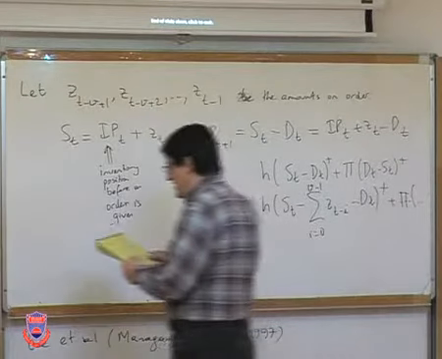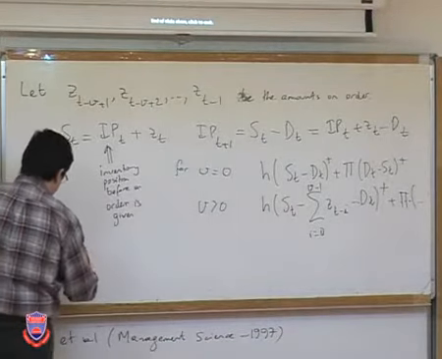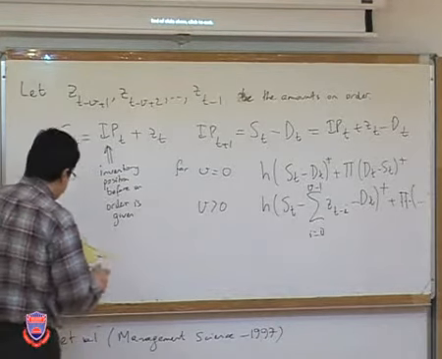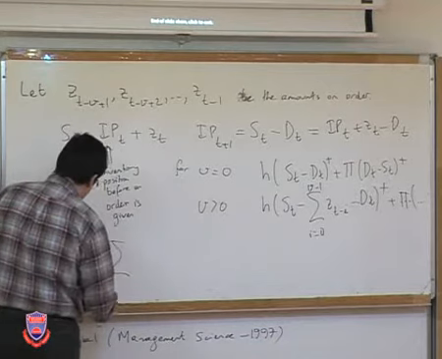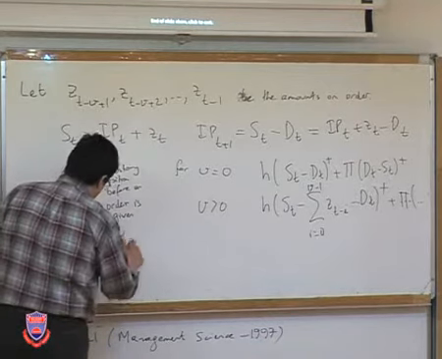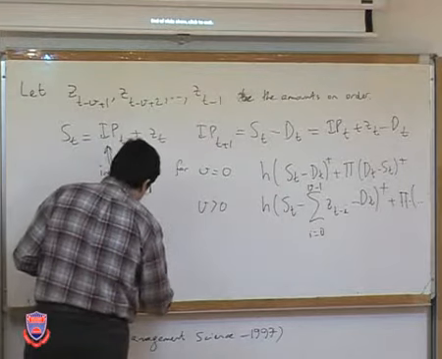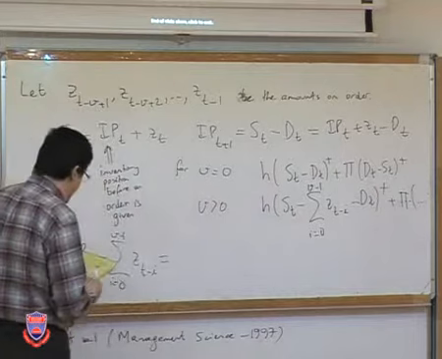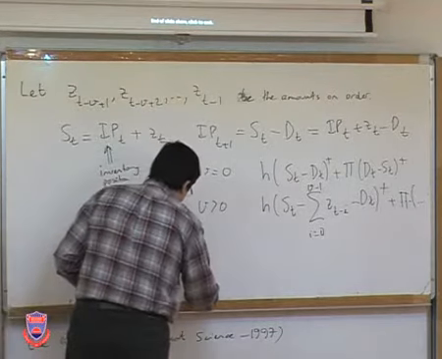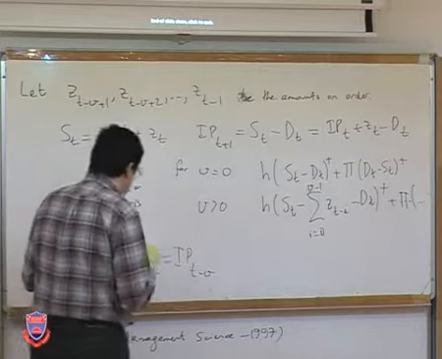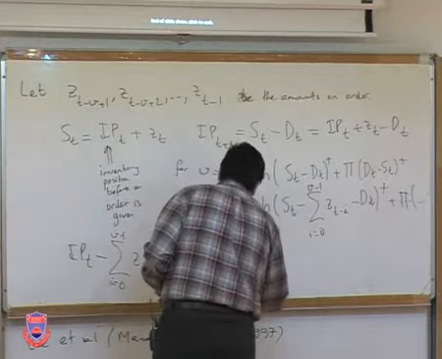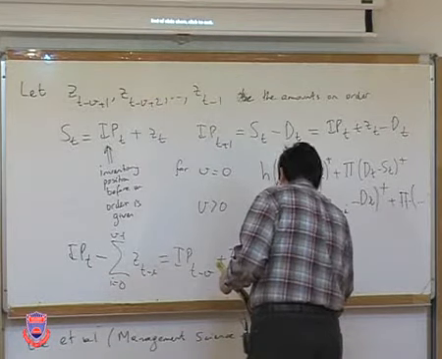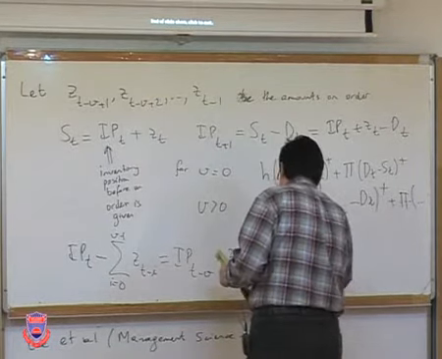Well, you see that if I am interested in IPt minus summation i from 0 to nu minus 1 of z sub t minus i, this can actually be written as IP t minus nu plus z t minus nu minus the demand, summation of di from t minus nu to t minus 1.